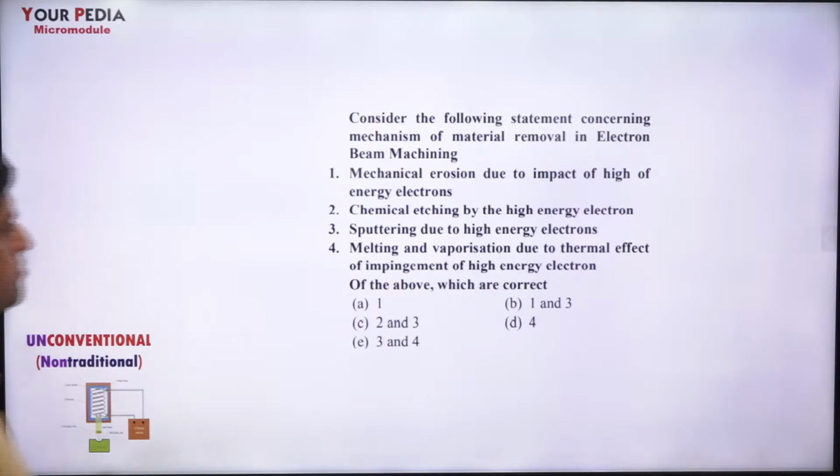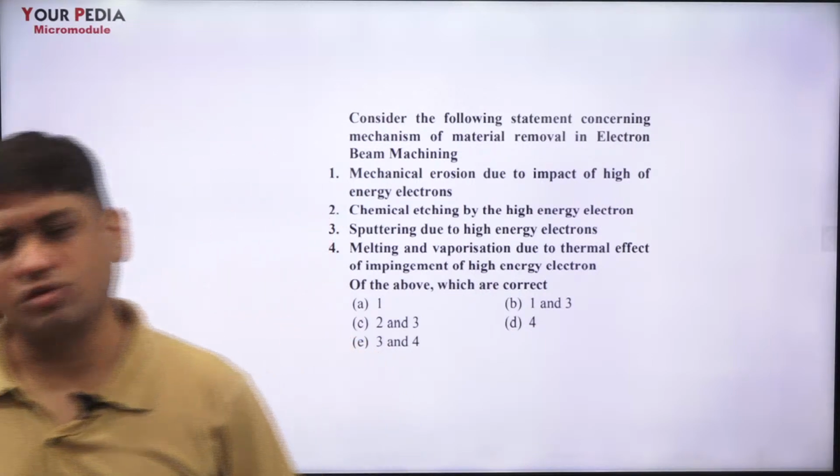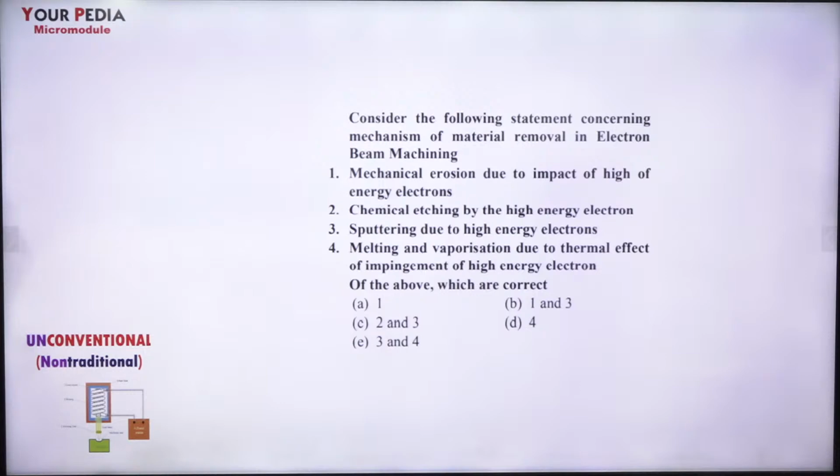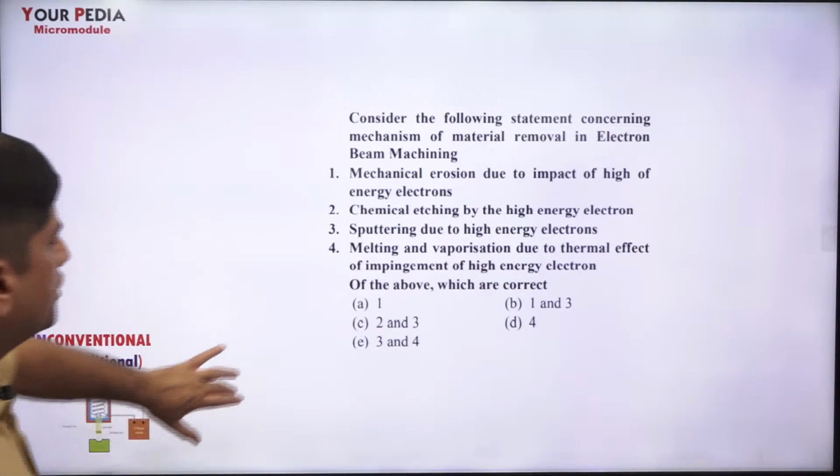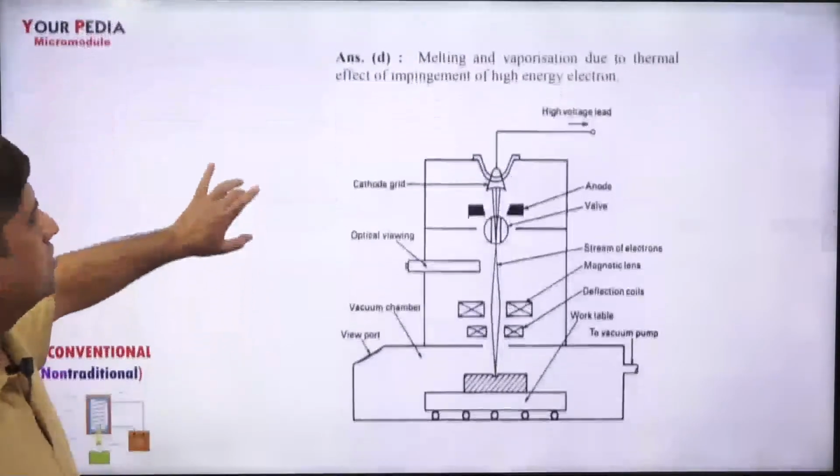Mechanical erosion does not happen. Melting and vaporization looks okay. Melting and vaporization can be there. Okay, so what do you think is the answer? D. D means only 4. Yes, D is the only 4.